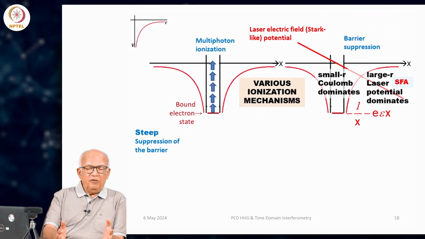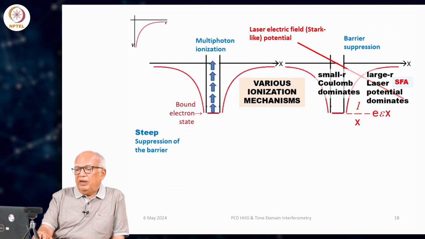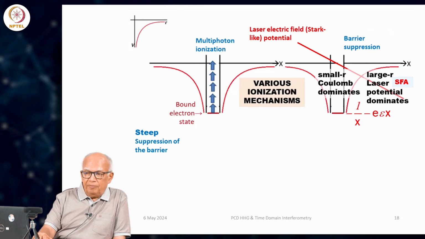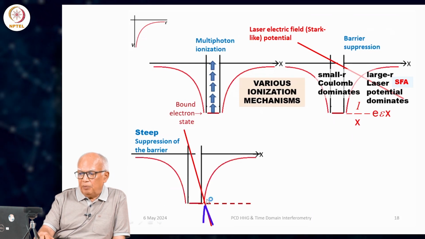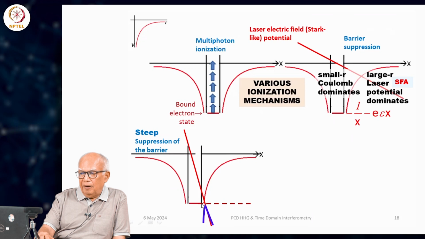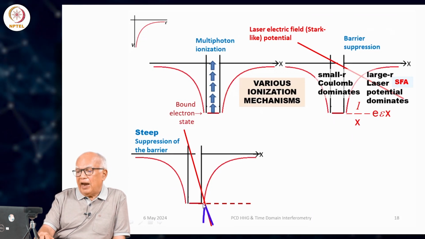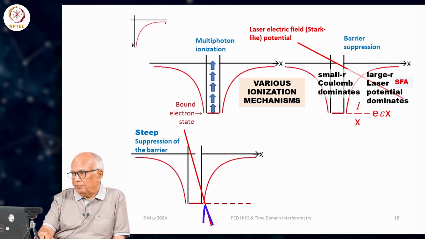So, to effect field ionization you can suppress the barrier, and we will now talk about a steep suppression of the barrier. So, now you have a steep suppression of the barrier to the point that over here you hit a point where the electron can actually escape the bound region. Okay.